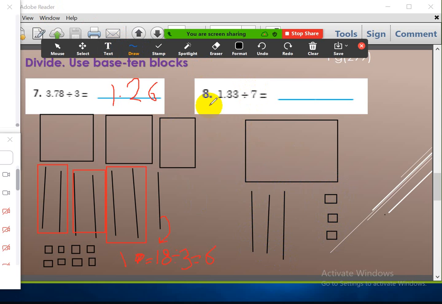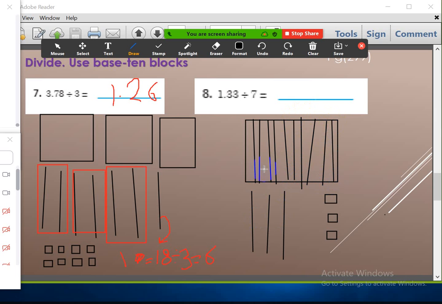Okay, let's see. What do I have to do with this flat? I have to break it into 10 longs. 1, 2, 3, 4, 5, 6, 7, 8, 9, and 10.